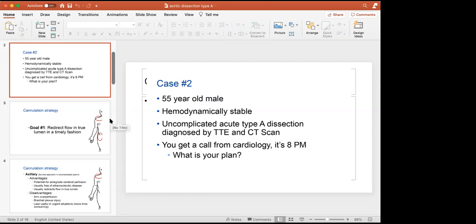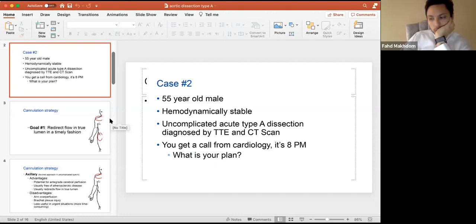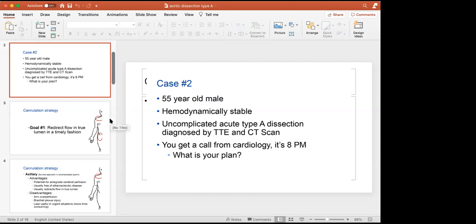I will put a vent through the right superior pulmonary vein, and this patient has severe regurgitation, right? No. There is no regurgitation. I will put retrograde cardioplegia as well.